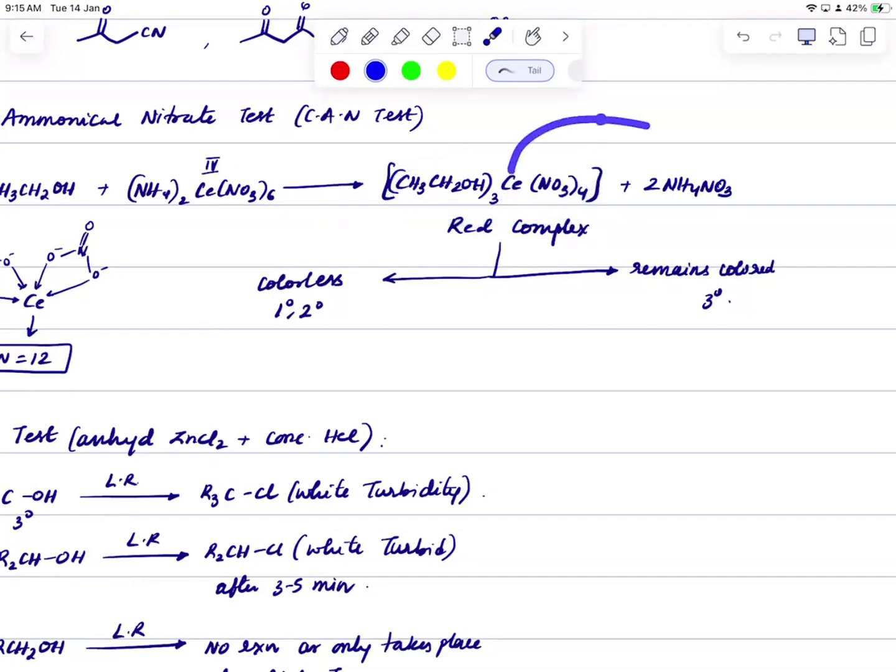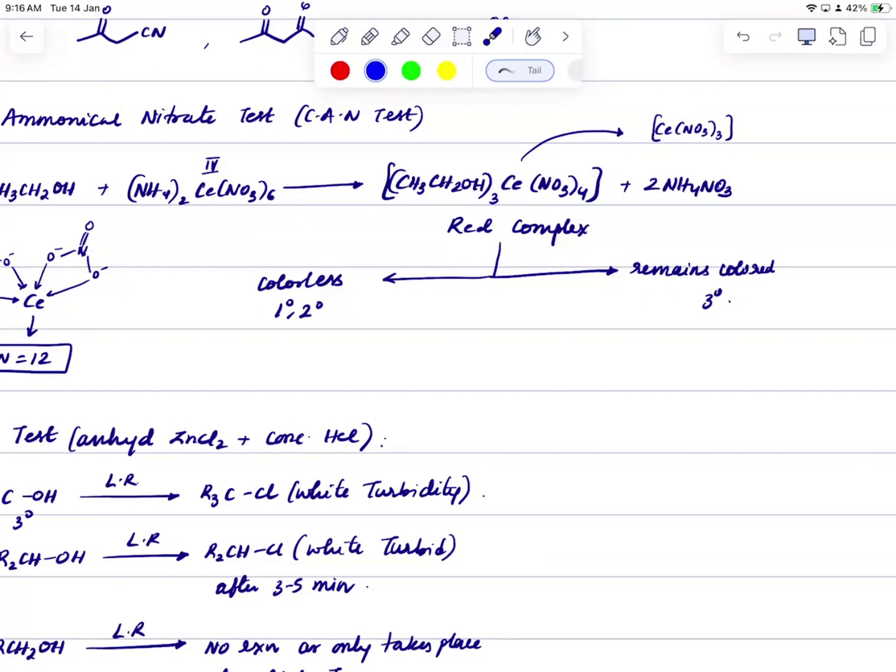But from here, it changes to a complex where you will only have water connection like this now. You will have NO3 thrice here like this. Got it? Now, this is where its oxidation state would be plus 3 in this case. Got it? And in this case, it will become 6 now. Okay? Where it gets oxidized, reduced. And this alcoholic part will get oxidized to aldehyde.